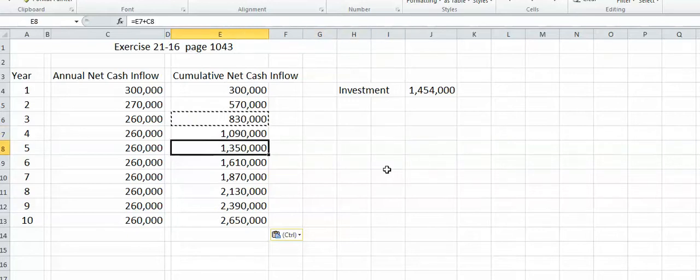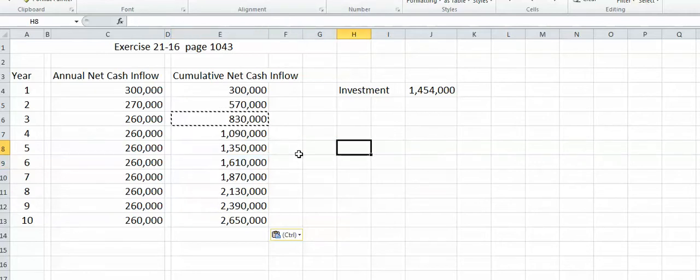So, eyes on the cumulative column, you can see that it happens somewhere between years 5 and 6. Somewhere between years 5 and 6 is an adequate answer, but not precise enough for an accountant, right? Not precise enough for an accountant.